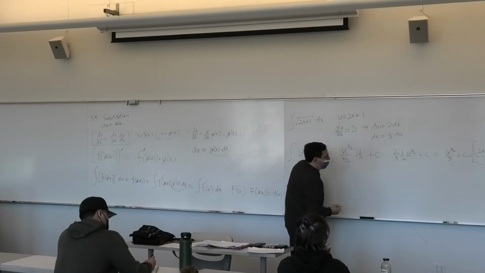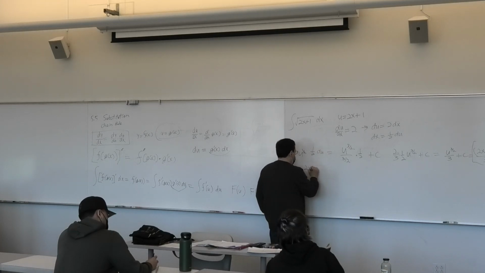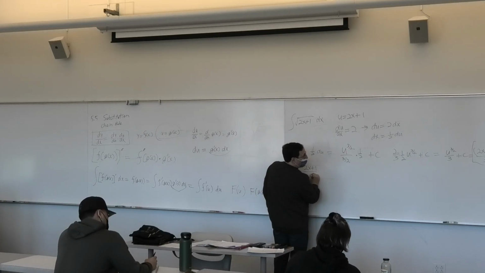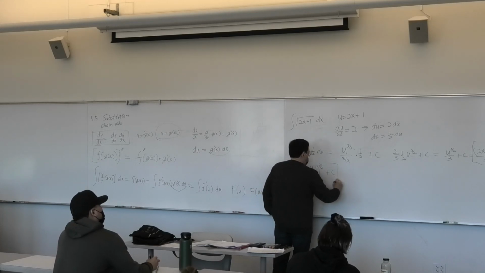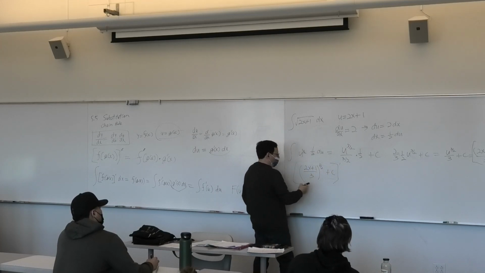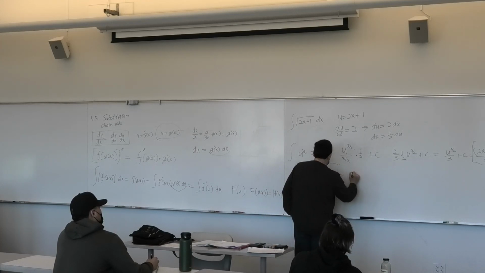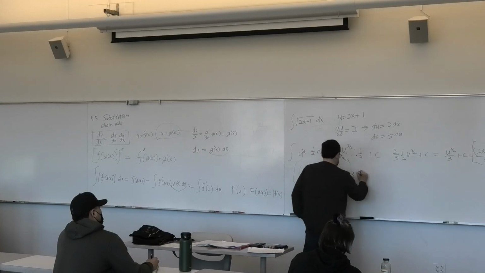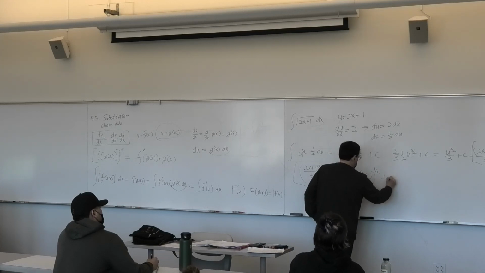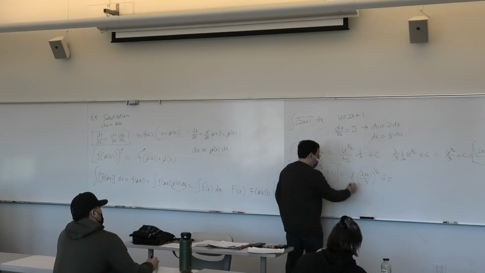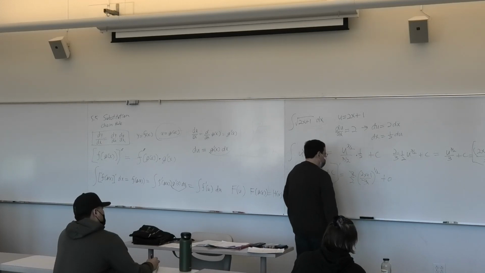So let's do that. It's (2x plus 1) to the 3/2 over 3, plus a constant. So using the power rule here, this is going to be 3/2, (2x plus 1) over 3, to the 1/2, plus 0. The 3's are going to cancel.